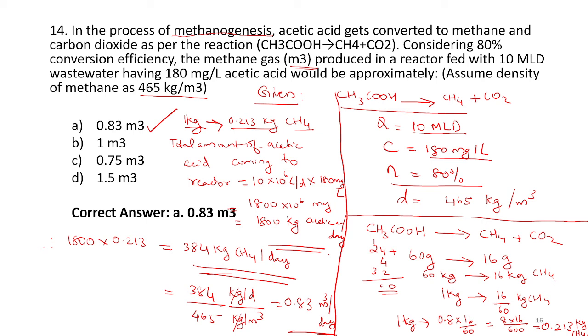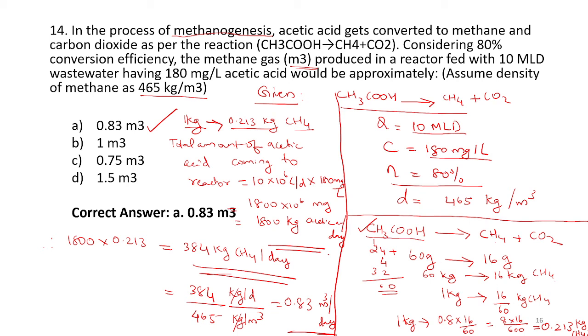So see this problem. It is given that acetic acid is getting converted to methane and carbon dioxide, and it is also given that there is 180 milligram per liter of acetic acid in the wastewater. Based on this equation, you have to find the molecular weight. Based on the molecular weight, 60 gram of acetic acid is converted to 16 gram of methane.